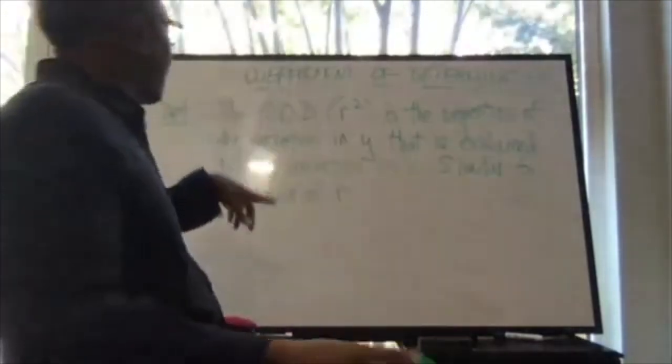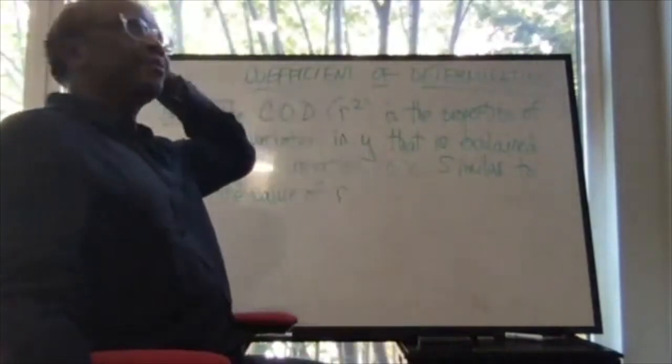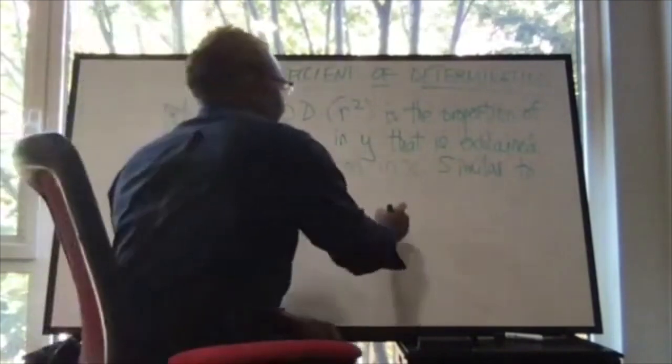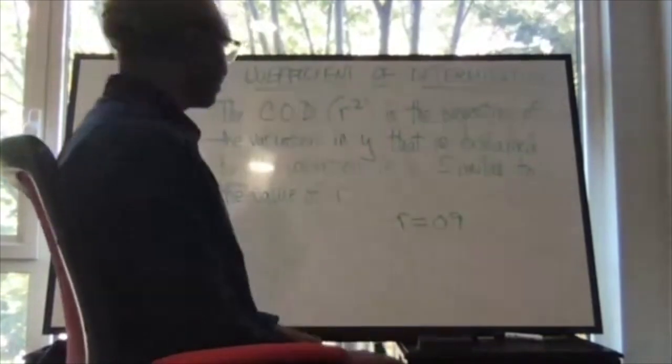But here, do you see how, when we square R, let's imagine that we do the calculations and our R ends up being 0.9 and a negative 0.9.